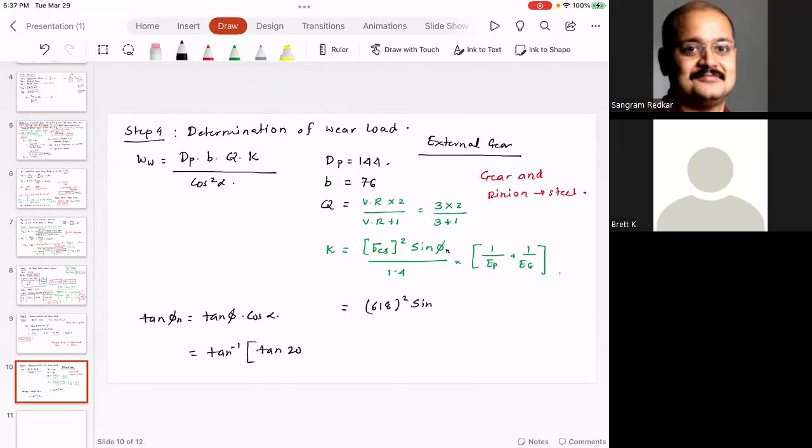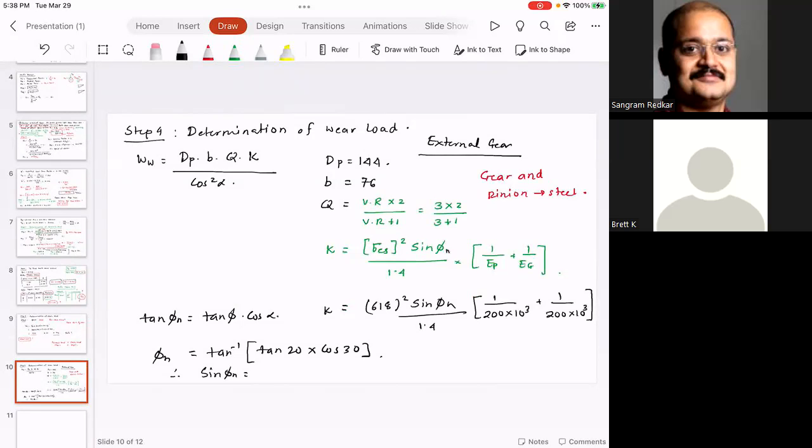Phi is 20 degrees, alpha is 30 degrees. That gives me phi n, and then find sine phi n from here. Then substitute sine phi n and 1.4. The Young's modulus for steel is 200 times 10 to the power 3, so 1 divided by 200 times 10 to the power 3 plus 1 divided by 200 times 10 to the power 3.